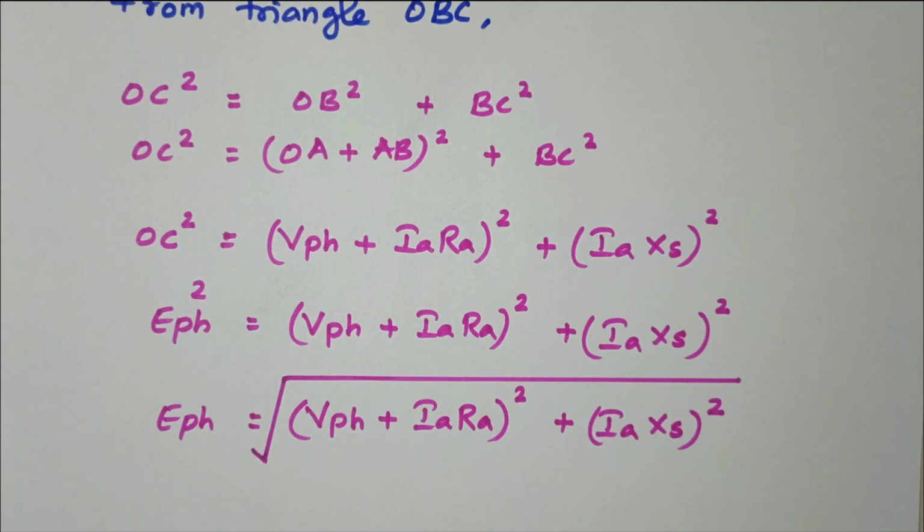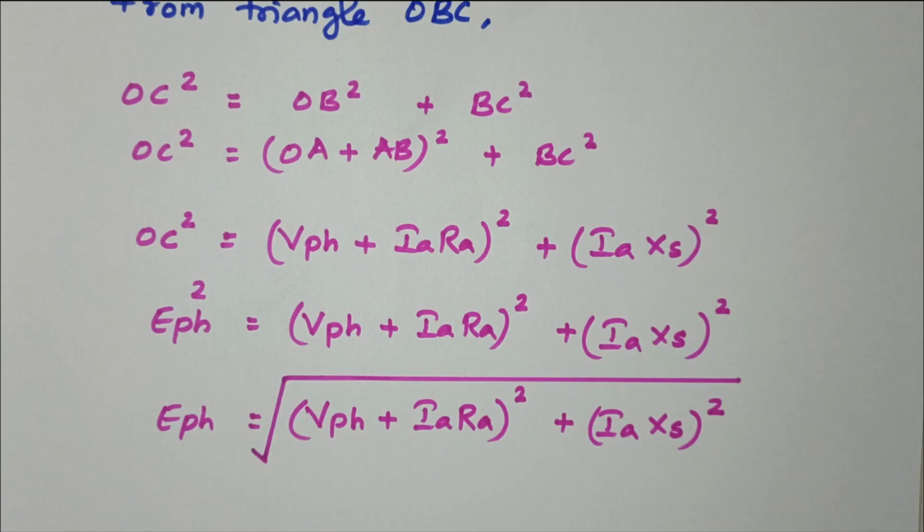So in this video we discussed the loaded alternator for unity power factor, the phasor diagram. First we discussed the equivalent circuit followed by the voltage equation. So E phase, the EMF induced in the alternator, equals the vector sum of V phase, the voltage available at the load terminal, plus the synchronous impedance drop, IAZS.